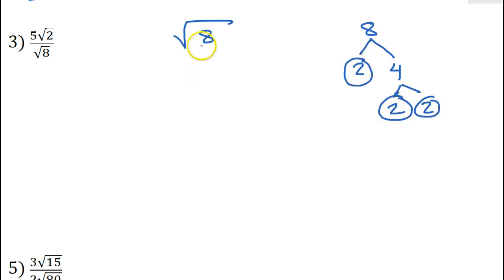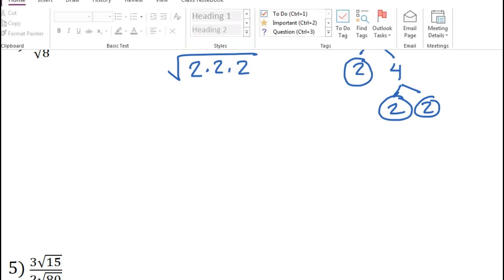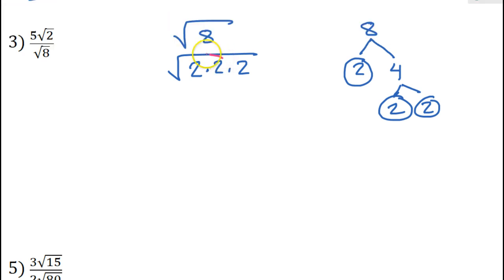So when we talk about the square root of 8, we can think of that as the square root of 2 times 2 times 2. Now, every pair of numbers is going to come outside of the radical as just a regular number.